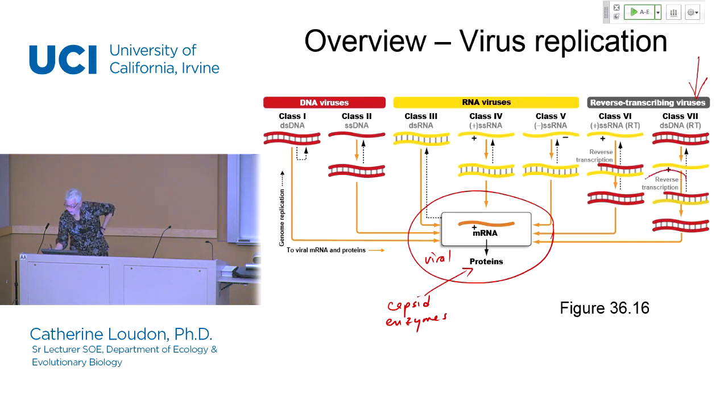We've got DNA being made from RNA. This is really quite different than what the host cell is set up for, and this is facilitated by an enzyme that is one of the proteins coded for by the viral genome, reverse transcriptase. This is not something that exists in the host cell. This is something that the virus has to bring with it.